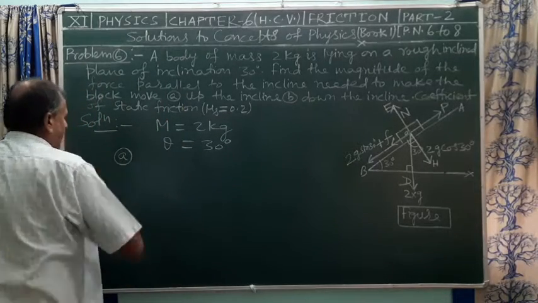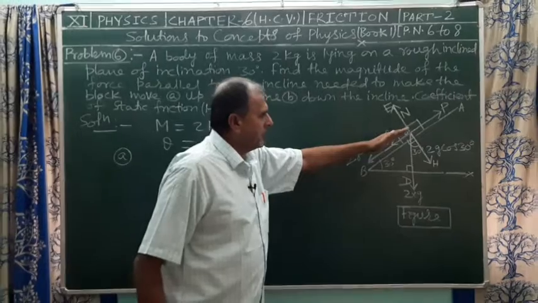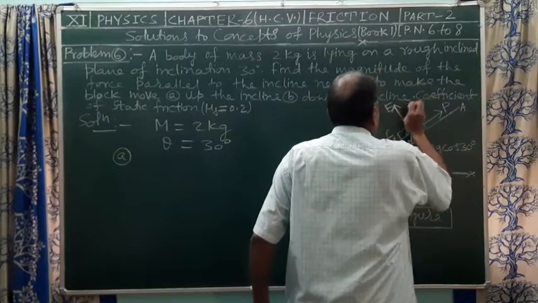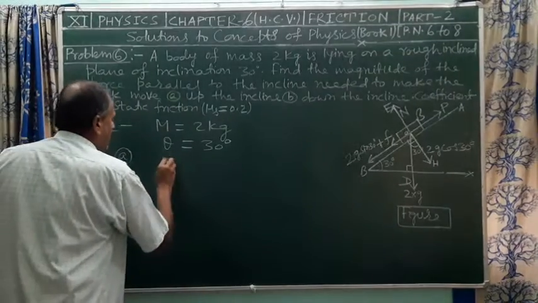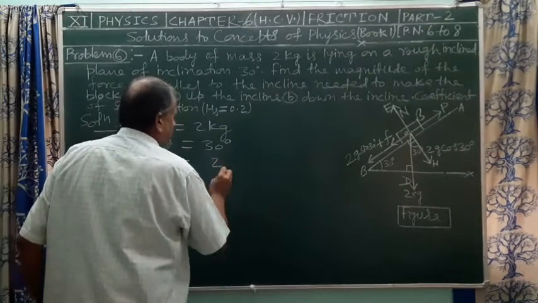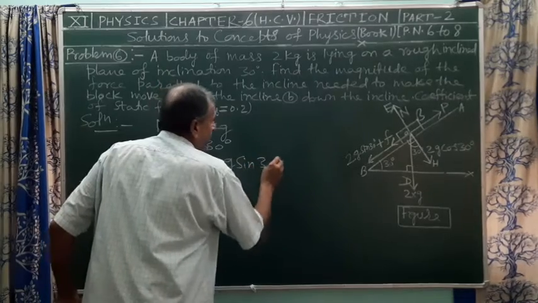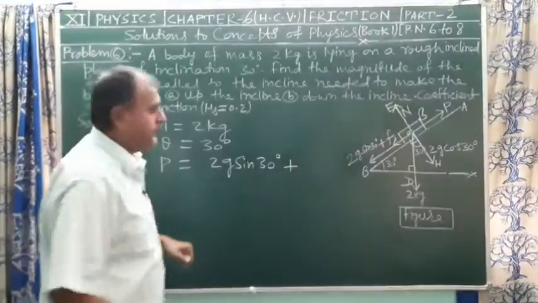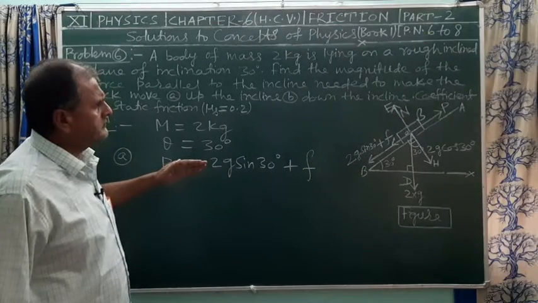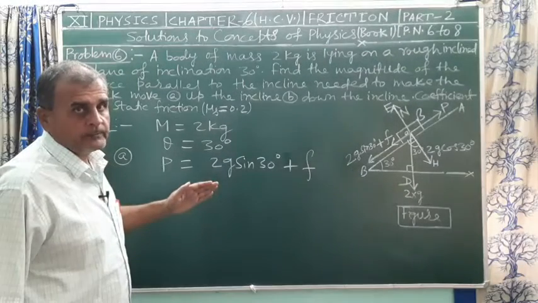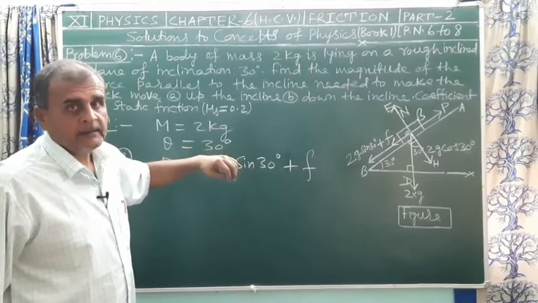So first of all, solution of part A. The magnitude of the force parallel to the incline to move the block, suppose it is B, upward along the incline is given by P is equal to 2g sin theta, that is 2g sin 30 degree, plus frictional force F. This is the magnitude of force which is needed to move the block B parallel to the incline in the upward direction with uniform velocity, that is, with zero acceleration.